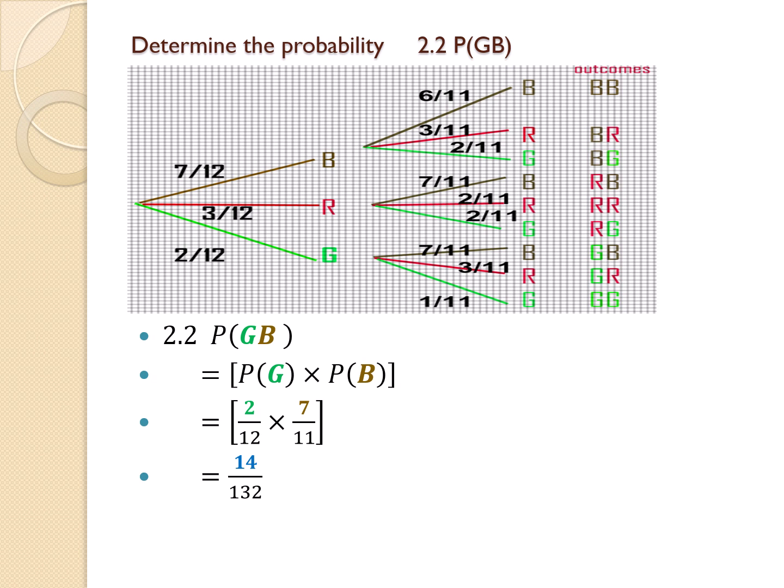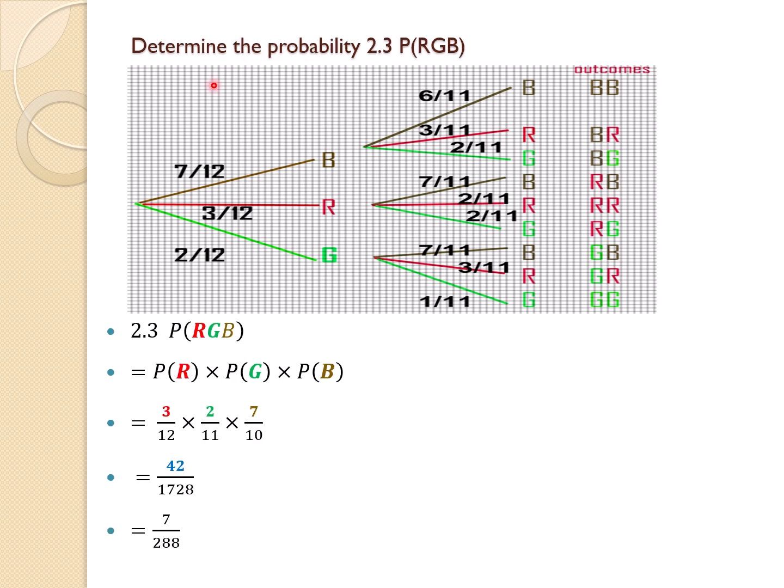Right, and if we go to the next slide, determine the probability it's red, green, and then brown. So we're selecting 3 times. That means if we use the product rule, probability of R times probability of G times probability of B. So R would be 3 over 12. I've selected one red ball, so I have one less. For green, I haven't selected, so I have 2 over 11.